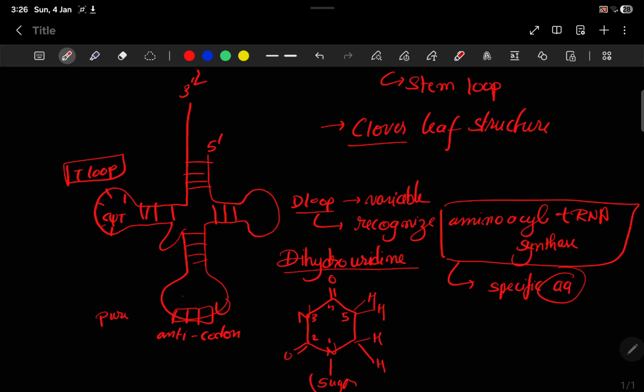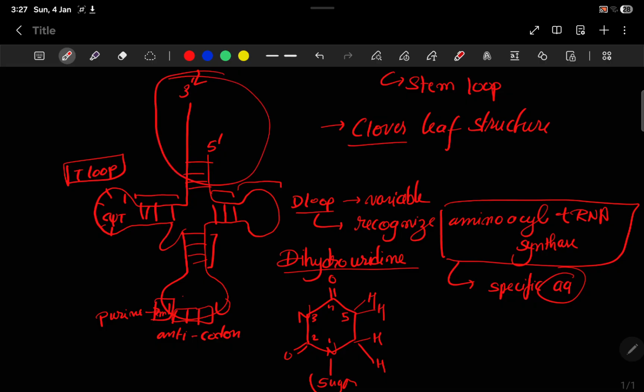It could be A, which is a purine, or G, which is a purine, it could be any of them. And this is a methylated purine, I would also say. So sometimes you will find a lot of images, a lot of structures saying it is ML, which is methylated purine. This is a helix, and let me tell you, this helix is very much fixed, and this one and this one are variable.